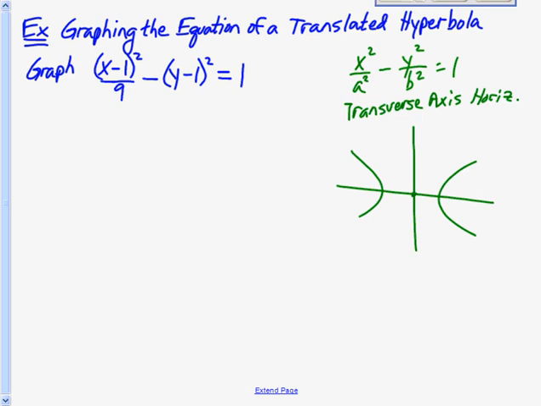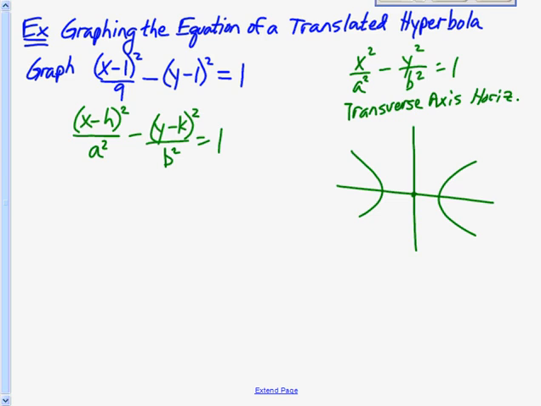So now they've just moved it over to h, k. So now we're thinking about this one: (x − h)² over a² minus (y − k)² over b² is 1. Our transverse axis is still horizontal here, but we've moved the center of this thing off of the origin.